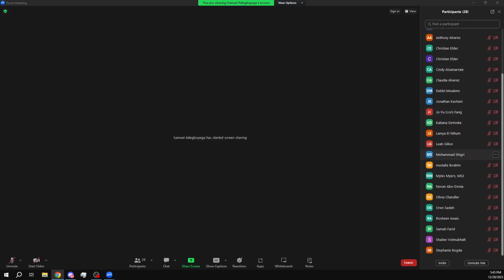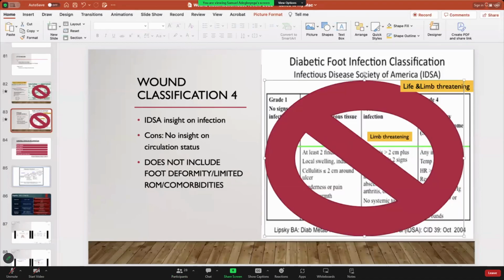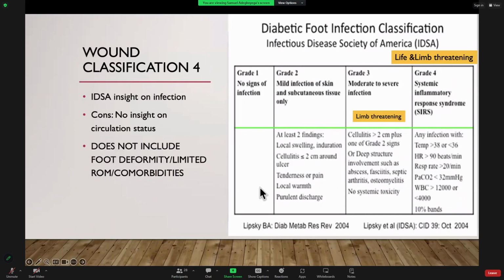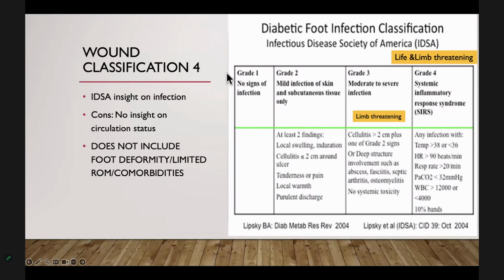Let me share my screen again. Let me see if I can find it. Okay, can you guys see this? Yes. Okay, so this is the Infectious Disease Society of America classification or grading, doesn't matter. It's okay to call it either, but they call it IDSA classification.